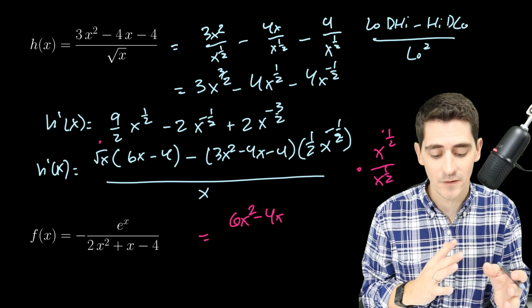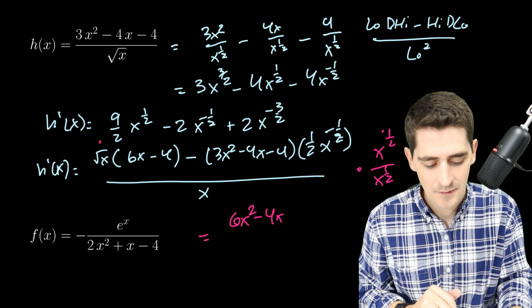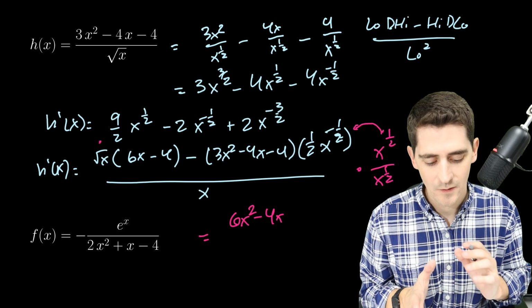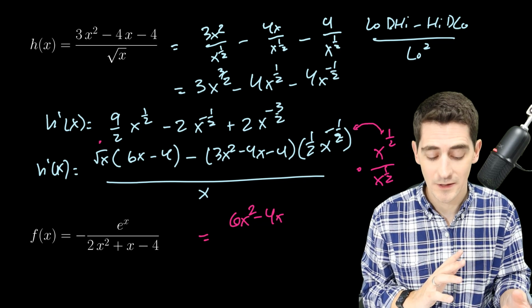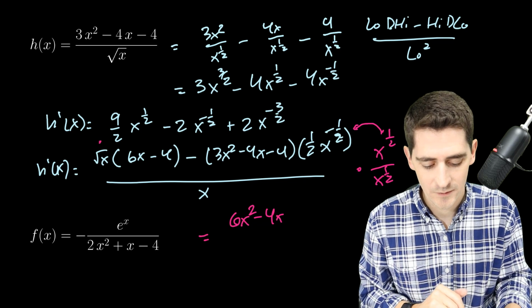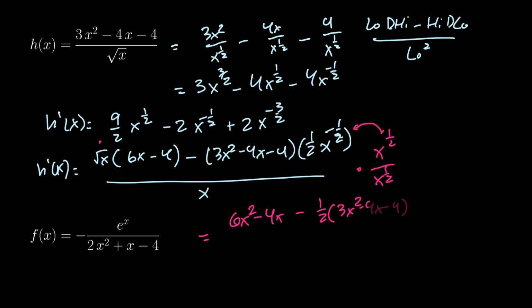I get an x times that stuff I went in and distributed. Across the second term, x to the negative 1/2 times x to the 1/2 is just 1. So I end up with just 1/2 times these other things. And then in the denominator, I end up with x to the 3/2 power. I could distribute the 1/2 and add my like terms and get a little bit more simple, but for the time being, we're just going to leave it like that.